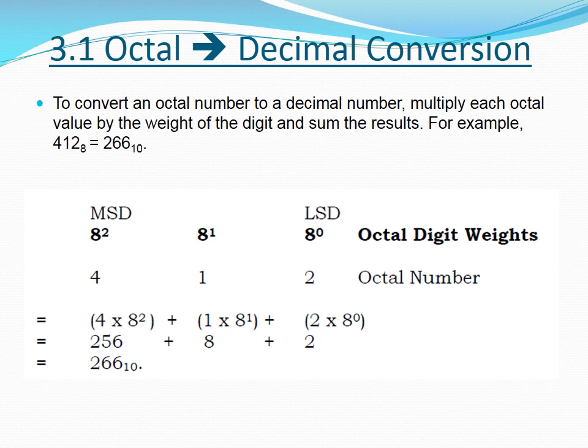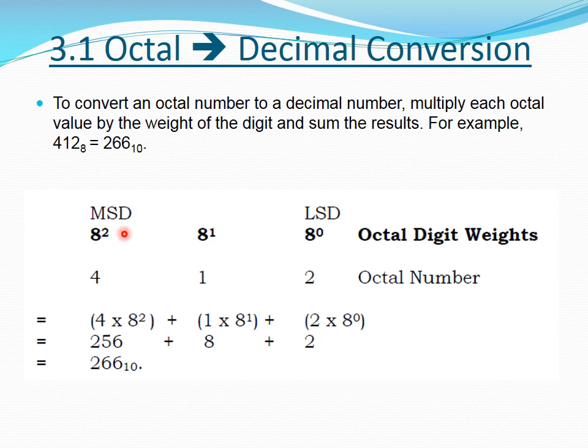Therefore, octal to decimal number. To convert an octal number to a decimal number, multiply each octal digit by the weight of the digit and sum the results. For example, 412 base 8 is equal to 266 base 10.